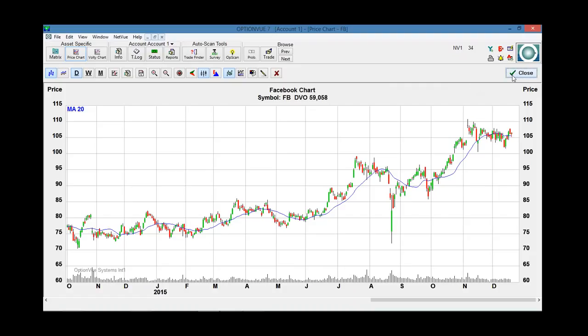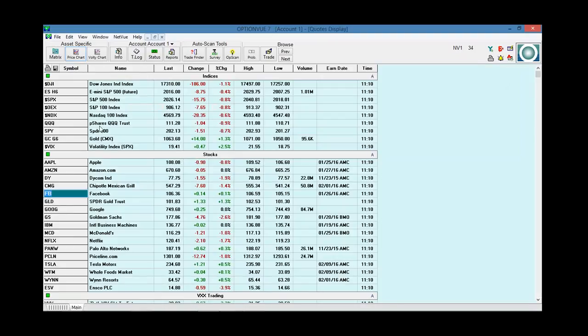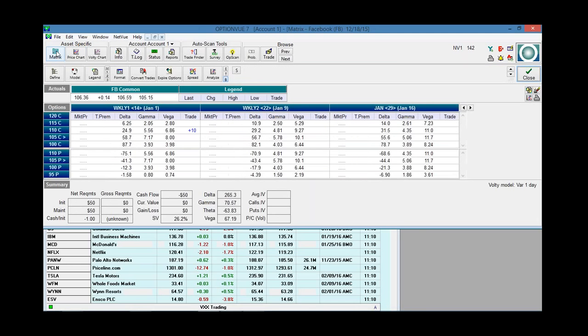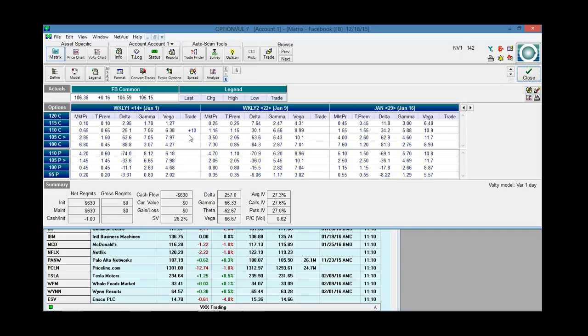Okay, one other thing. Let's go to the option chain. Now, one can handle this two different ways. As you can see, we were looking at the 110 call yesterday. Well, that's not it. There's no way you would buy this option.